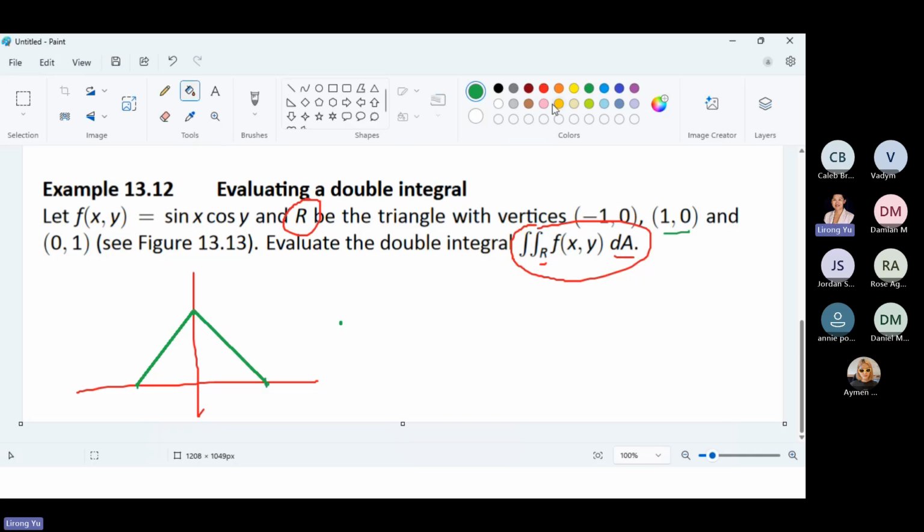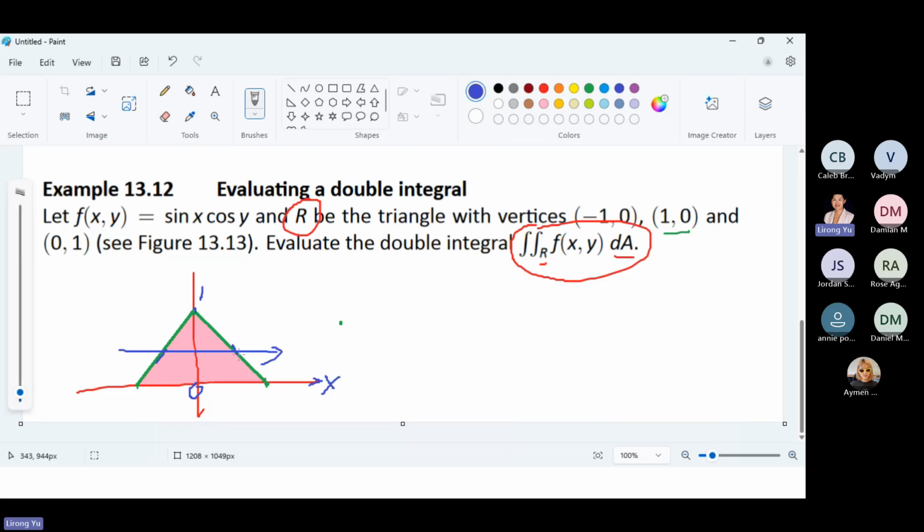If we think about it, the y value goes from 0 to 1. What about the x value? The x value goes from this to this.